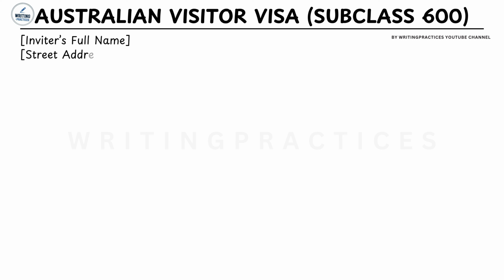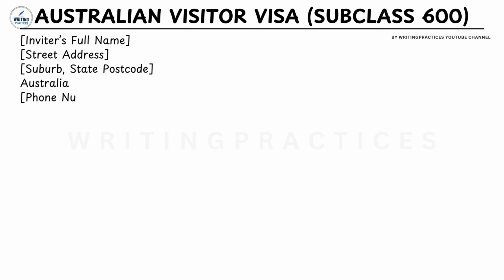Check this out. Sender's information. This section contains the inviter's personal details. Write your full name, complete Australian residential address, phone number and email address. Example, Sarah Louise Walker, 18 Collins Street, Melbourne VIC 3000, Australia, +6141 2345 678, sarahwalker@email.com.